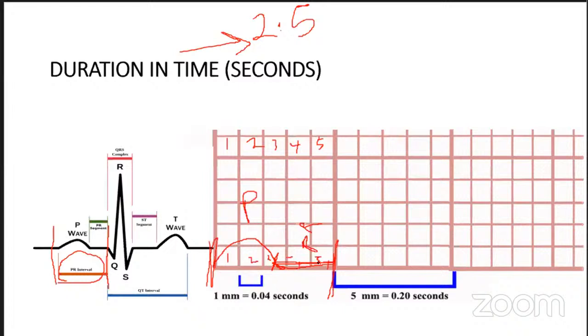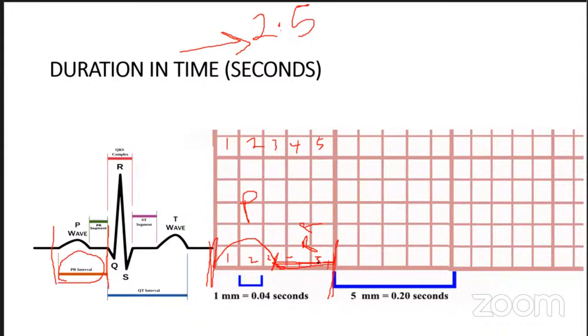So if we are saying our PR interval should be drawn over 5 small boxes, automatically, anytime you see a PR interval that is more than 5 small boxes, then it means that PR interval is what? Is prolonged. And you can be suspecting a heart block in your patient. So again, you don't need to cram so much. All you need to know is that your P wave, 2.5 small boxes. Your PR segment, 2.5 small boxes.